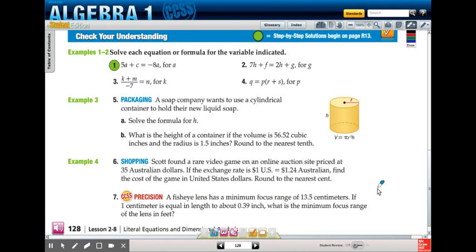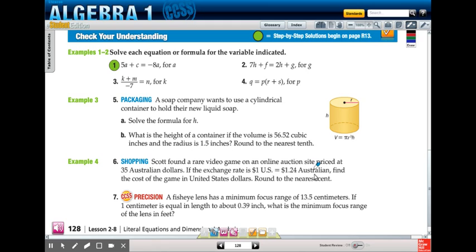Now, let's look at number 7. A fisheye lens, minimum focus range of 13.5 centimeters. And then it says 1 centimeter is equal to about 0.39 inches. What's the maximum focus range of the lens in feet? Interesting.